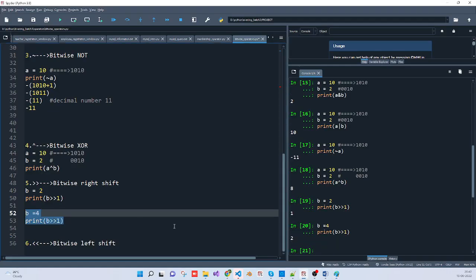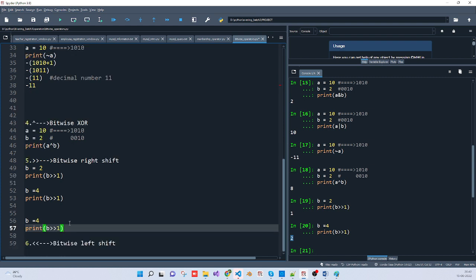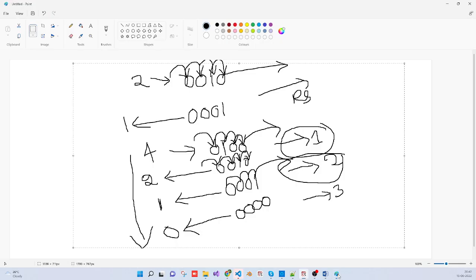Observe the output, the value is 2. If I am shifting two times, now you need to write 2 here. However many times you want, you need to write here. Now observe the output, it's 1. If you shift two times, the output is 1.